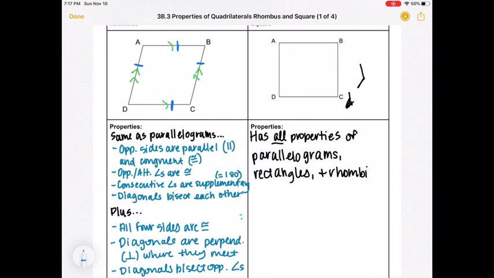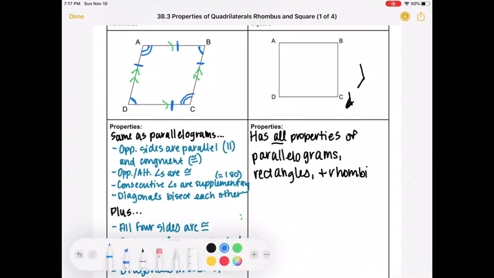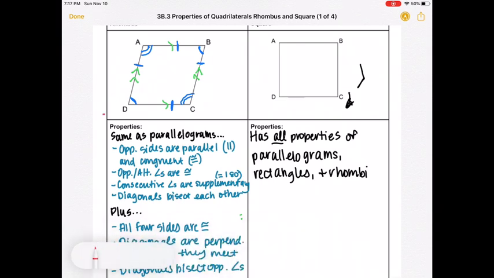Opposite angles are still congruent, so D is the same as B, where A and C are the same. Consecutive angles are supplementary, just like pretty much everything else. Diagonals bisect each other.